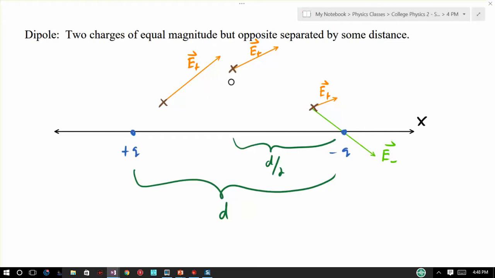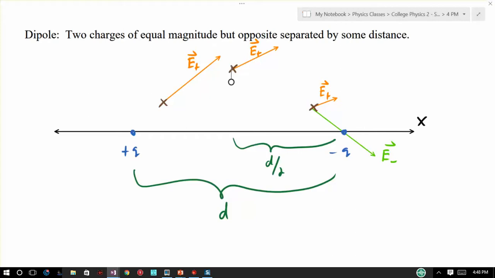Okay, but here's the thing. If you're in the middle of both of these charges, what's the relationship between the field produced by the positive and negative charge? The amount of the field, do you think? You're right in the middle, right? You're equidistant to both charges, and the absolute values are the same, right? So what do you think is true about the magnitude of the field?